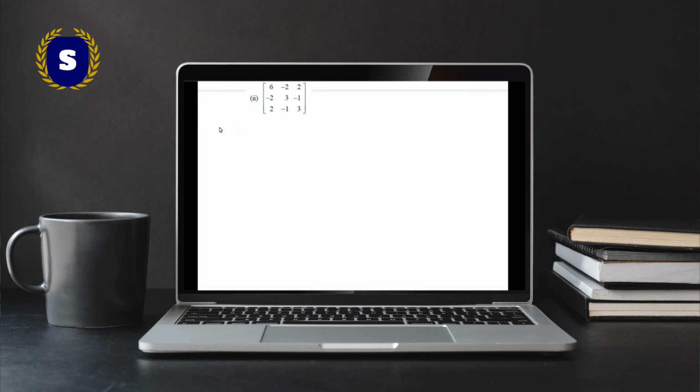Same way, let us assume this to be matrix A, 6 minus 2 2, minus 2 3 minus 1, 2 minus 1 3, and its transpose will be 6 minus 2 2, minus 2 3 minus 1, 2 minus 1 3.